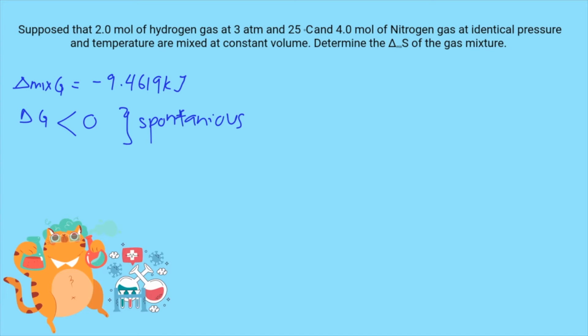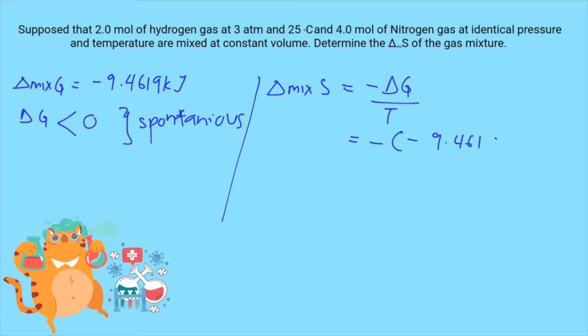Apart from this, you will also calculate your value for delta mix S. So delta mix S is equivalent to negative delta mix G, or delta G, over T. And the delta G that you get from the calculation is negative 9.4619 kilojoule over T. Your T is 25 degrees Celsius plus 273 to change it to Kelvin.